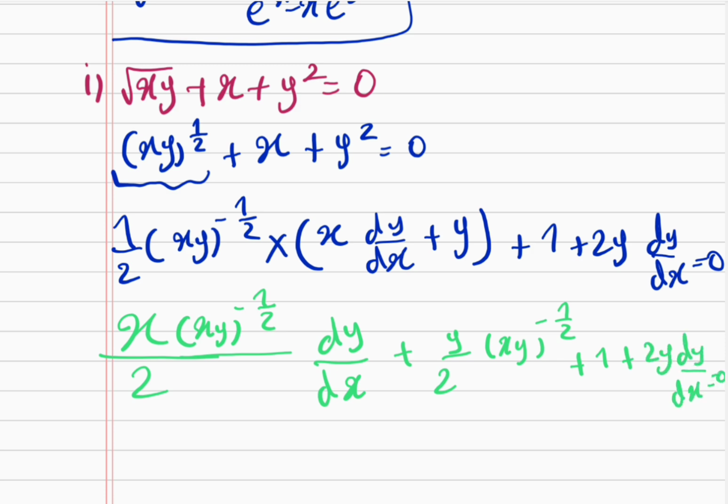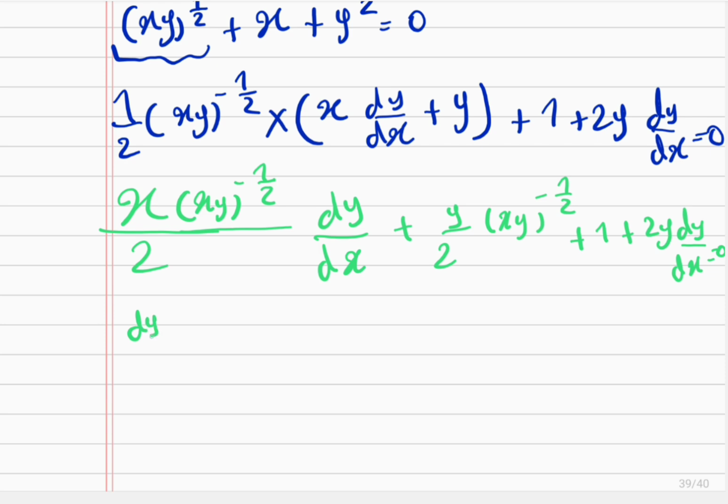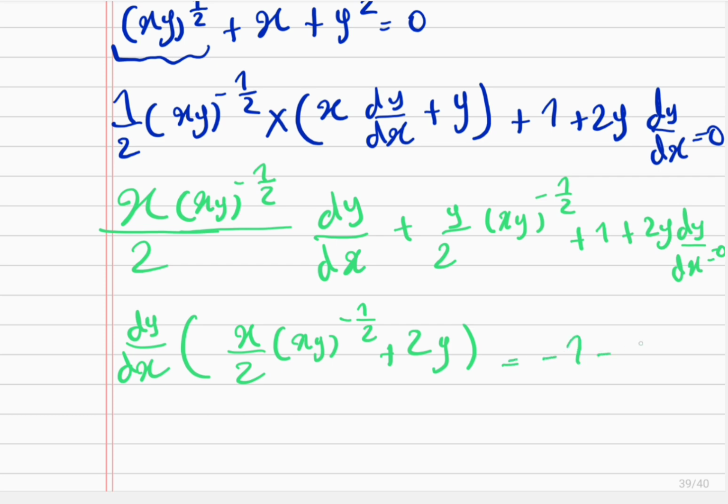Okay, we can now take a factor of dy/dx times x over 2 times xy to the power of minus a half plus 2y is equal to minus 1 minus y over 2 xy to the power of minus a half.